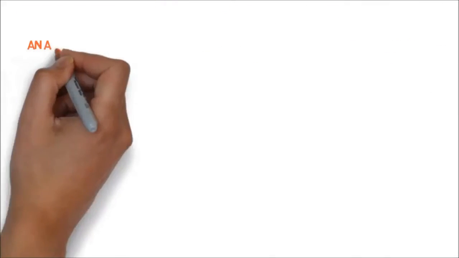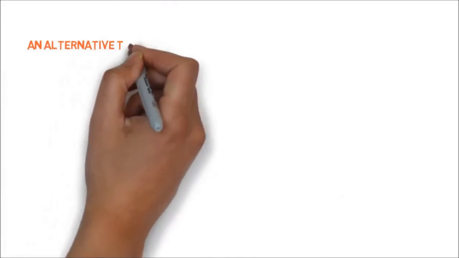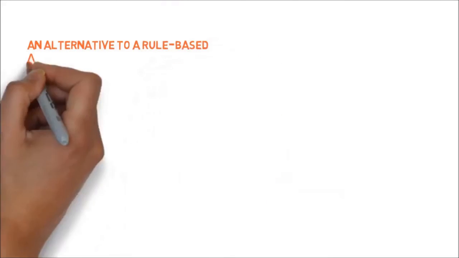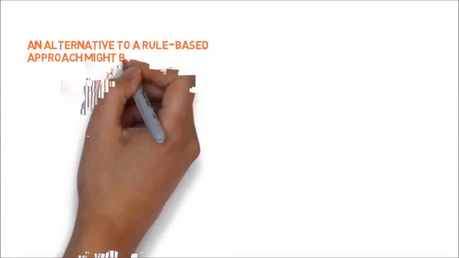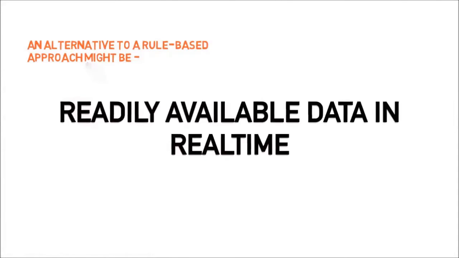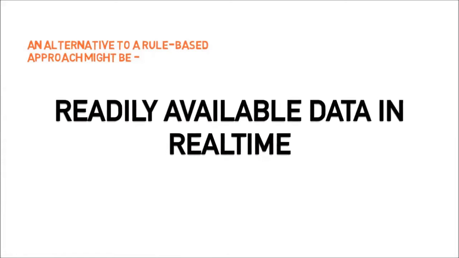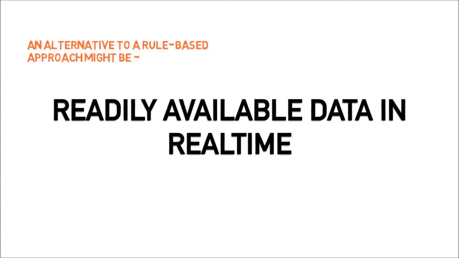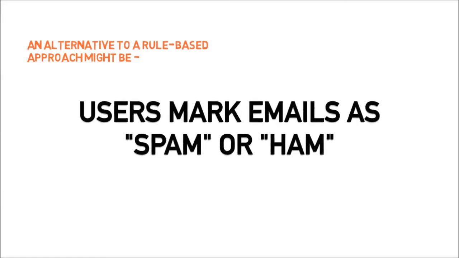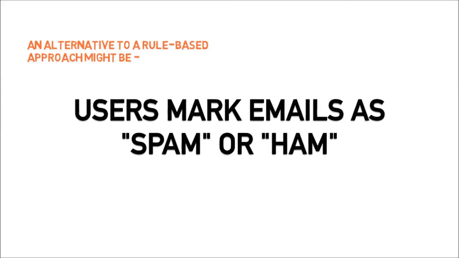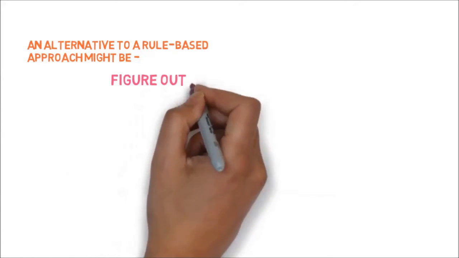What might an alternative to rule-based approach be? Probably not using data piled up by analysts. Instead, using readily available real-time data. In rule-based approach, we did not make use of this input which is easily available. The users, recipients of email, are themselves marking each email as spam or ham.